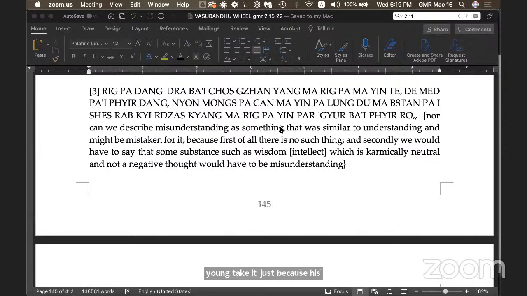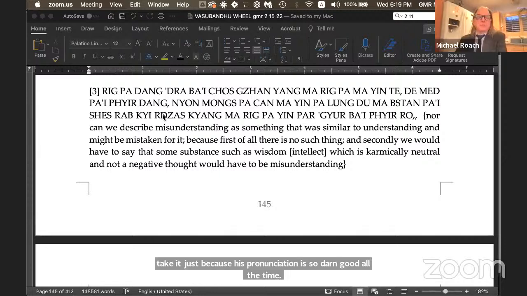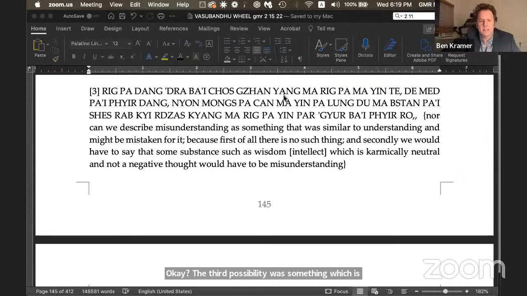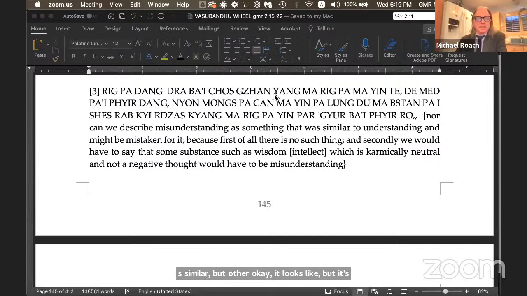The third possibility was something which is similar but other. It looks like, but it's something different. So if the first link means something that looks like understanding but is actually something else, let's say that the meaning of misunderstanding is something that looks like understanding, but it's really something else.